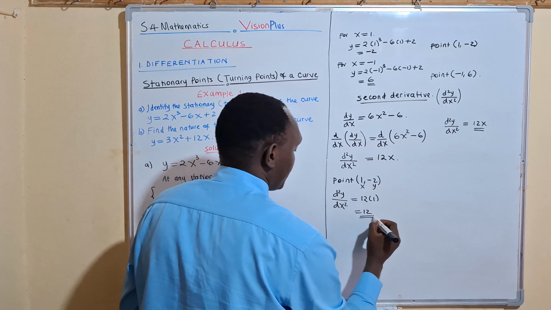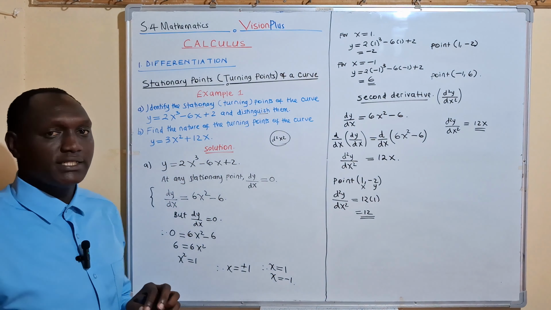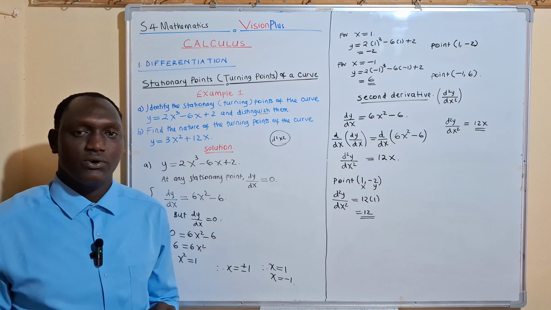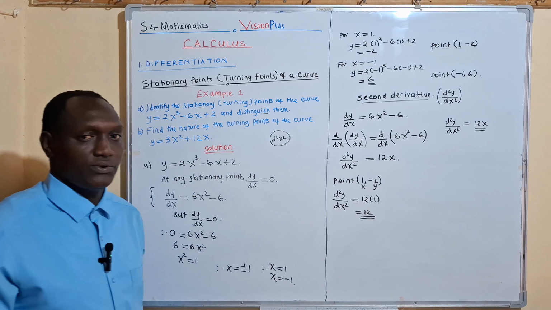Now check: is that number more than 0, equal to 0, or less than 0? 12 is more than 0.